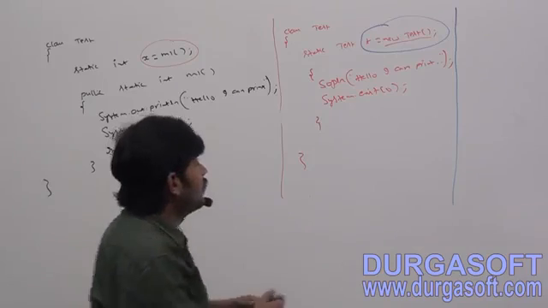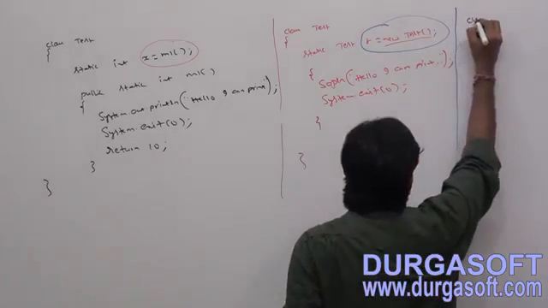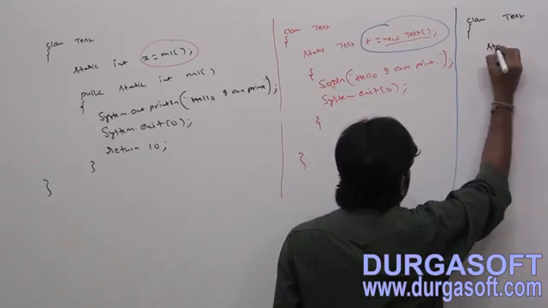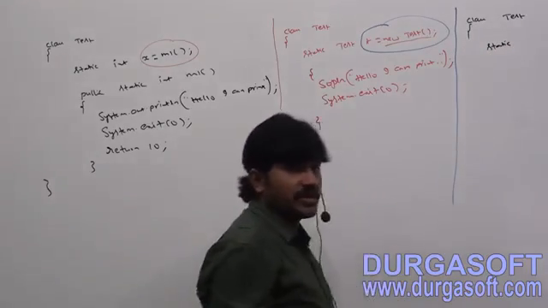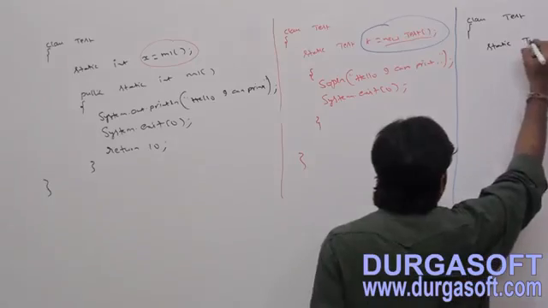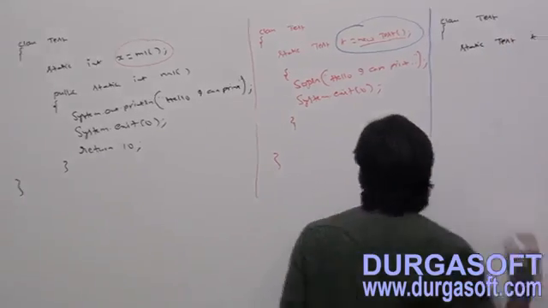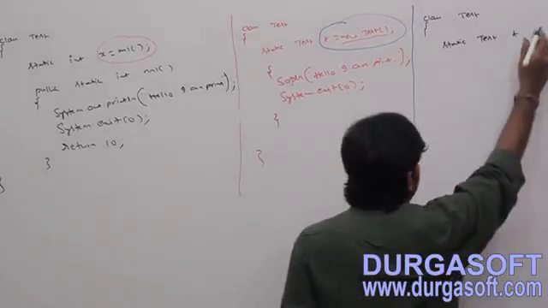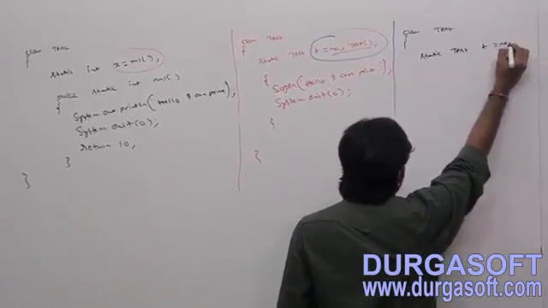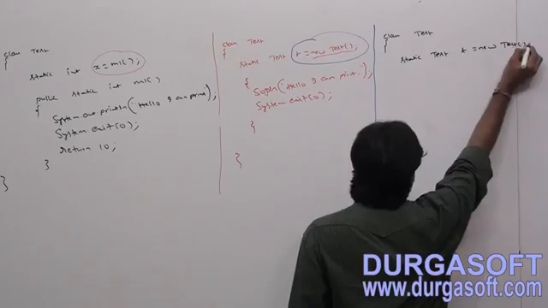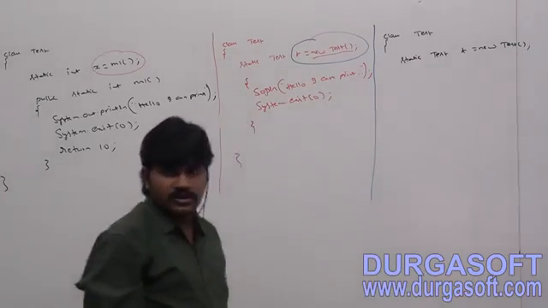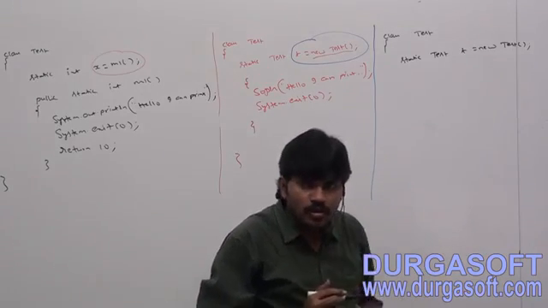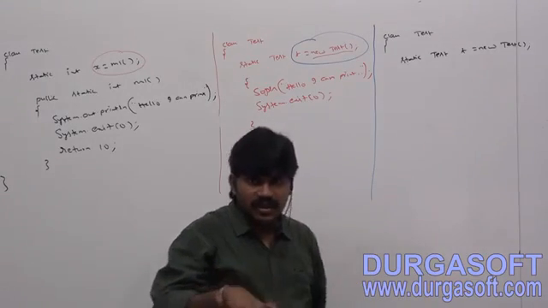Here, see. Sir, I am taking class test, static test t is equal to new test. Sir, whenever we are creating an object, automatically the constructor will be executed.